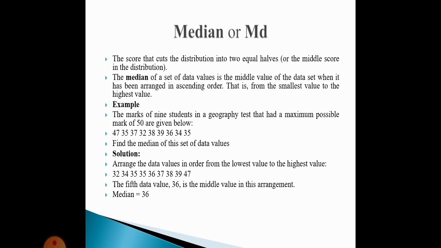Example: the marks of 9 students in a geography test with a maximum possible mark of 50 are 47, 35, 37, 32, 38, 39, 36, 34 and 35. Find the median of this set of data values.